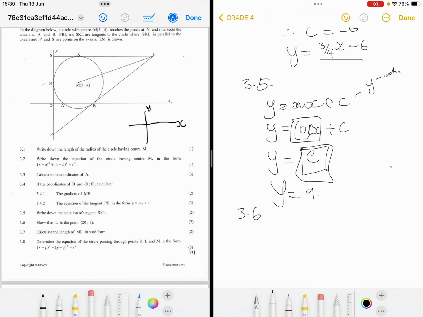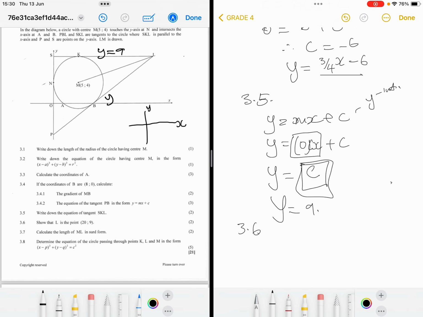So we have the equation of this SKL, which is y is equal to 9. And we have the equation of PBL, which is the equation of PB. We got it now, which is y is equal to 3 over 4 x minus 6.